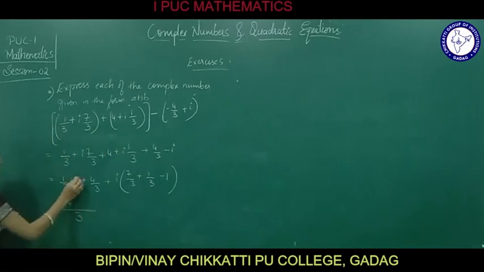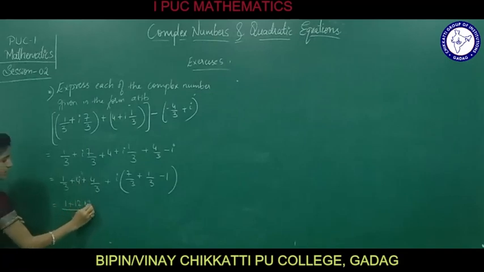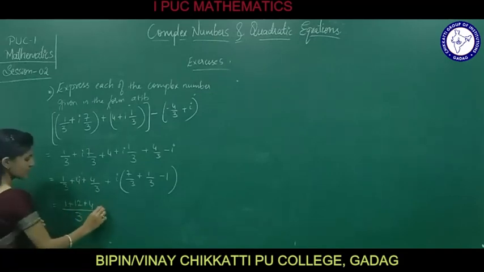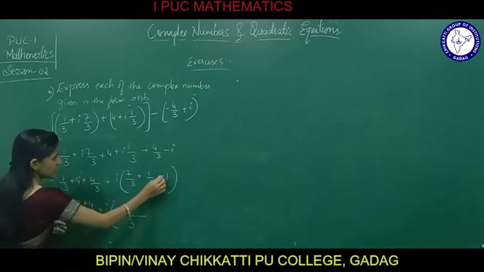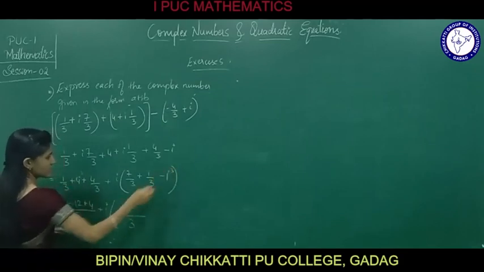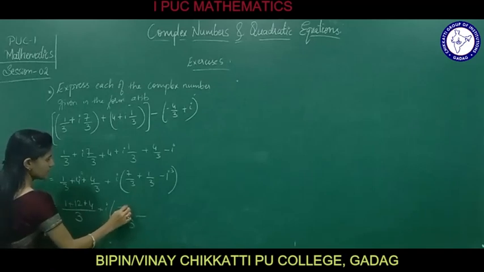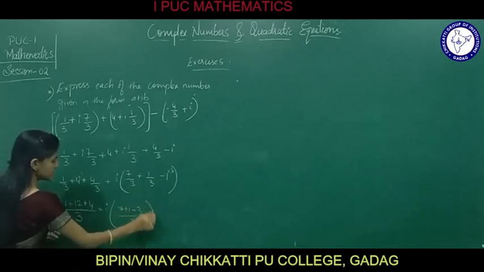1 plus, into 3 we get here, right? 4 3s are 12 plus 4, plus i into, again we have LCM as 3, 7 plus 1 minus 3.